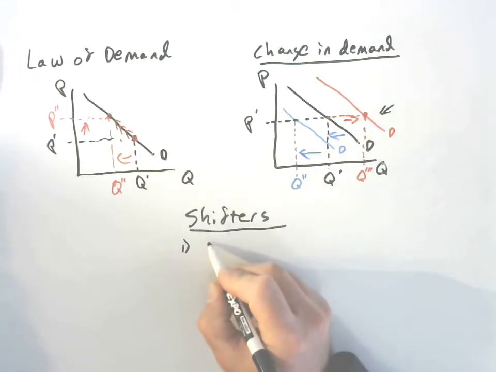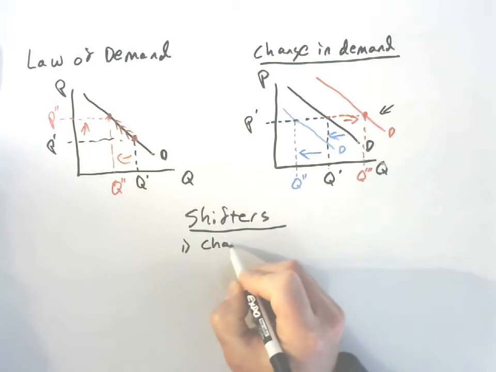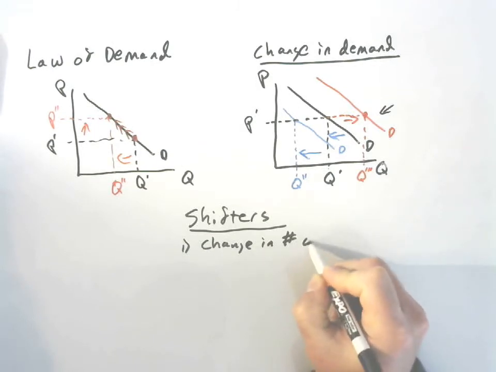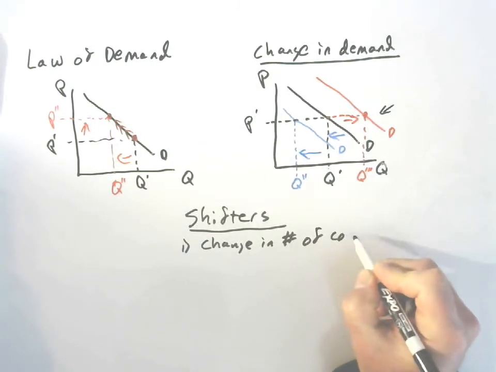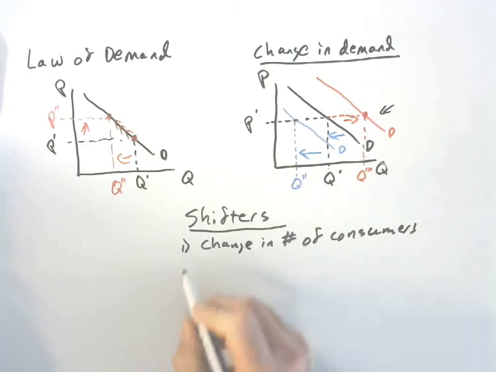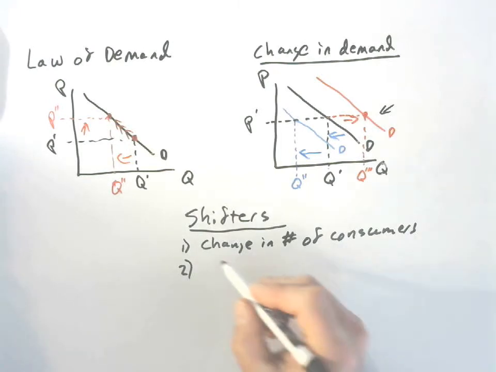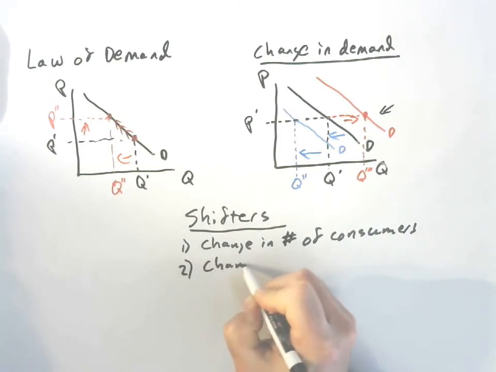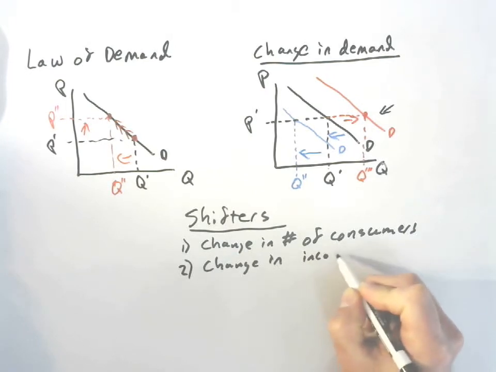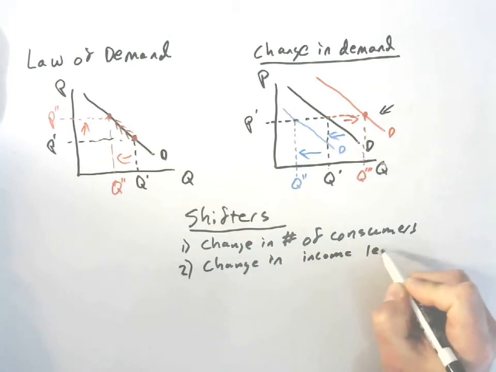One demand curve shifter is a change in the number of consumers. Another demand curve shifter is a change in income levels of consumers.